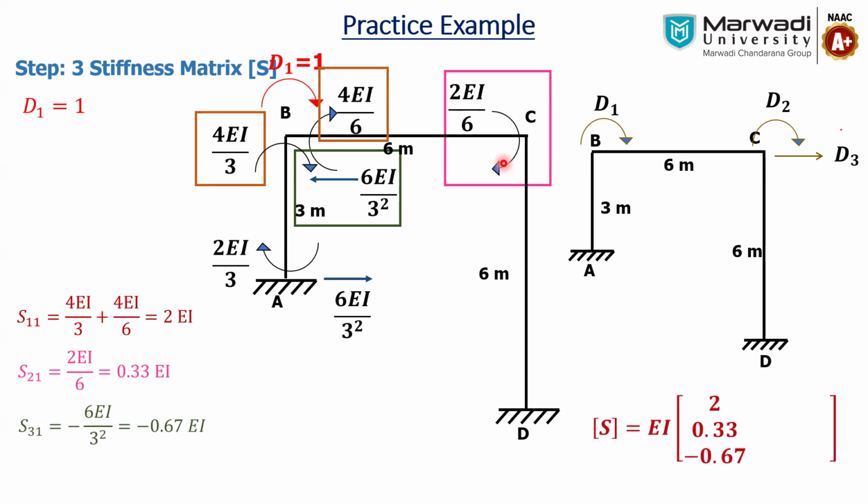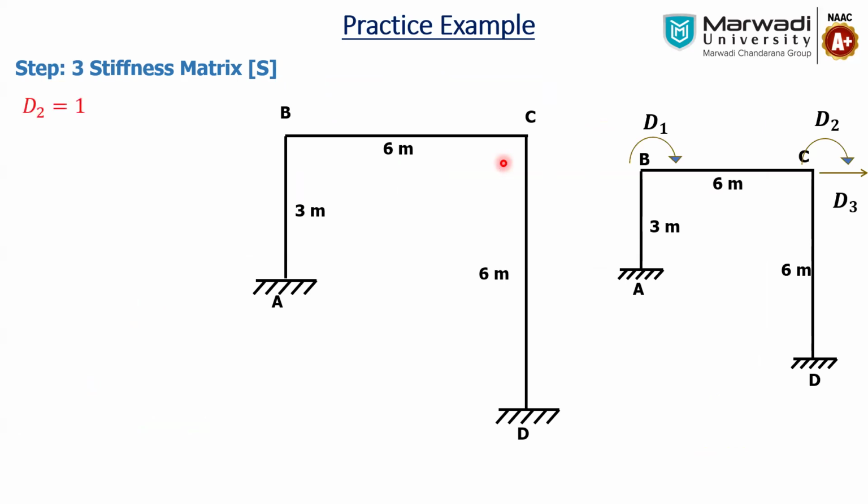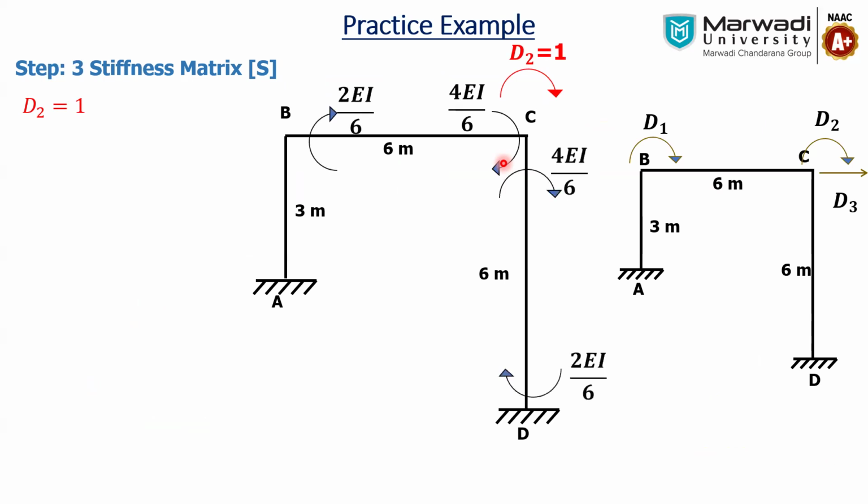Similarly, second, we are considering D2 equal to 1, that is a rotation at C. Like we have considered in the previous figure, the effect will be in CB and CD, and at the near end the moment is 4EI by L, far end that will be 2EI by L. Similarly in the CD. Now again we have to consider the forces to balance this couple in the vertical direction.